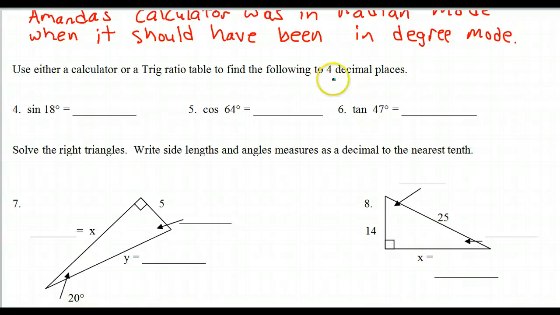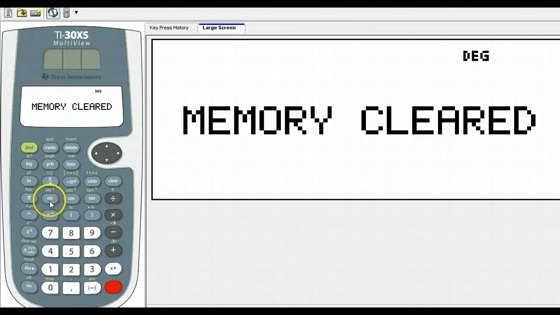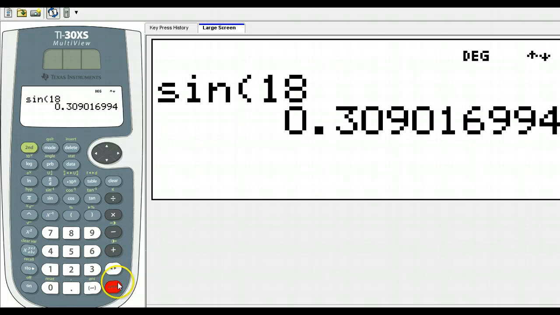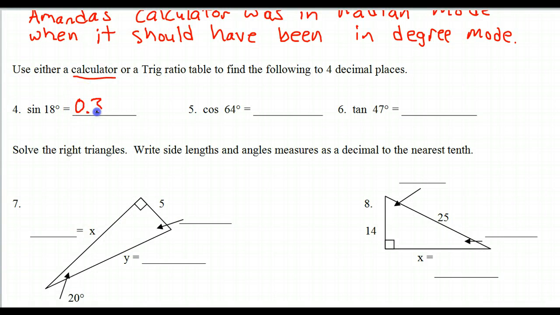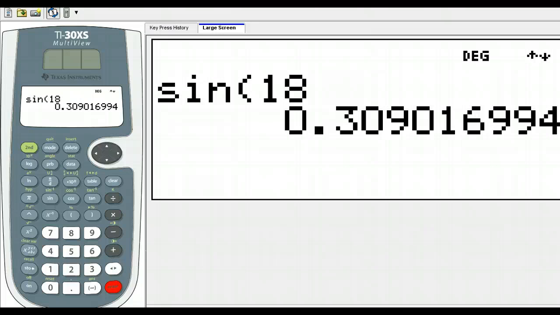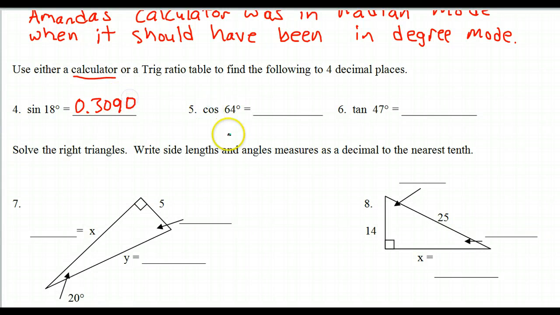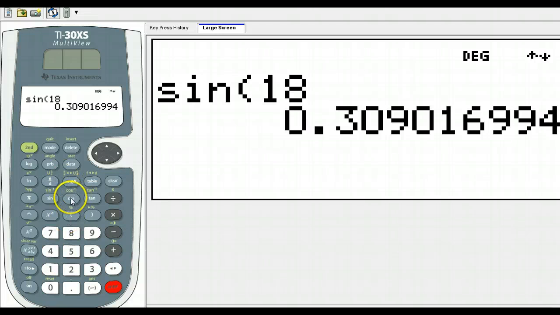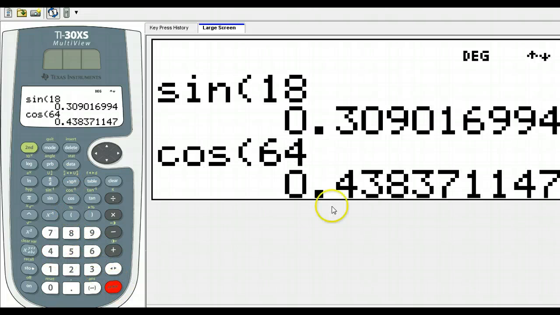Anyway, moving on. Use either a calculator or a trig ratio table to find the following to 4 decimal places. Yeah, clearly we're going to use the calculator. So sine 18, that's 0.3090. Cosine 64 is 0.4384.